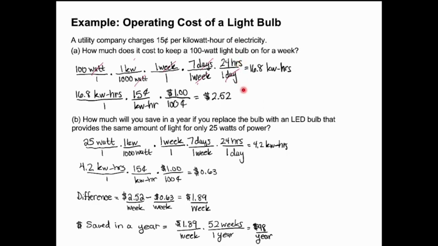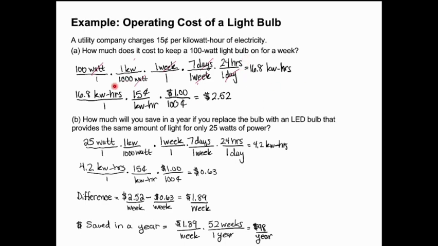Once I cancel everything out, I'm left with kilowatts times hours, which is exactly what we need to find. We need to find kilowatt hours. So when I work this arithmetic out, I'm going to get 16.8 kilowatt hours. All the other units are canceled except for kilowatts times hours. So now we have our kilowatt hours.